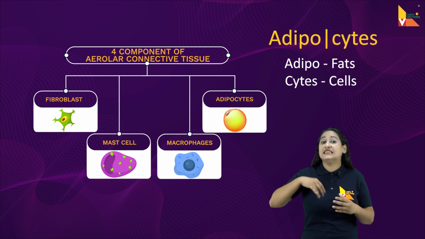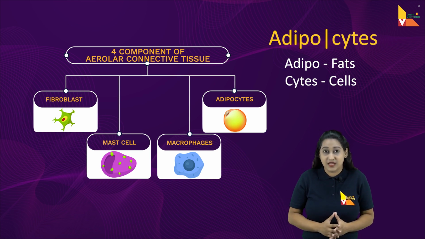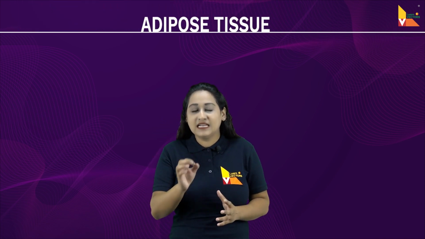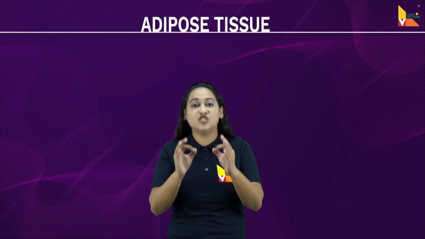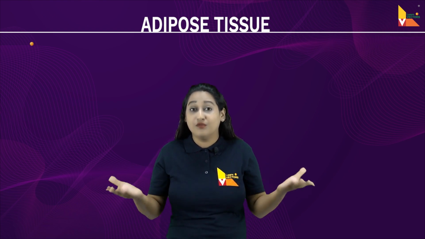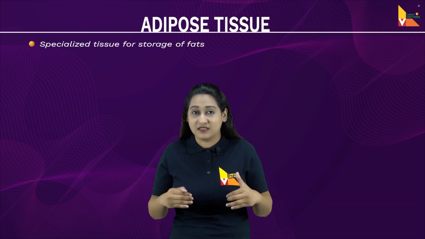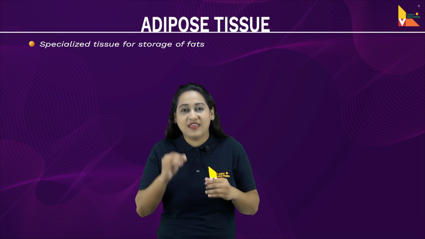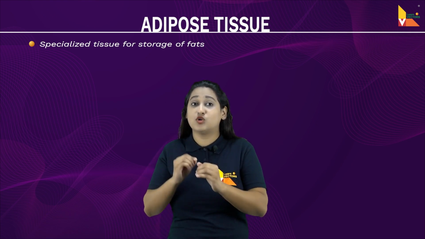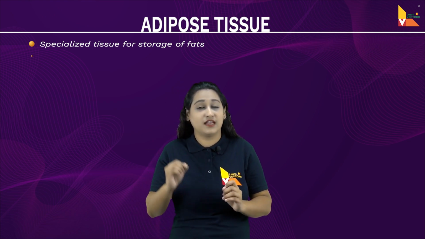Alright? The next tissue in loose connective tissue is what? Adipose tissue. Adipose tissue is a specialized tissue for storing fats. We also say that adipose tissue is in association with areolar connective tissue.